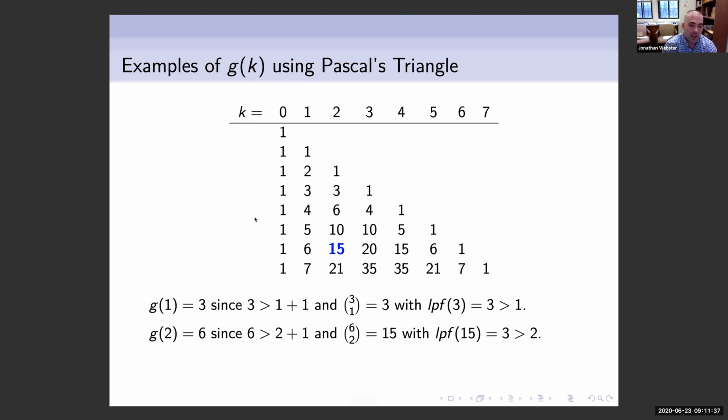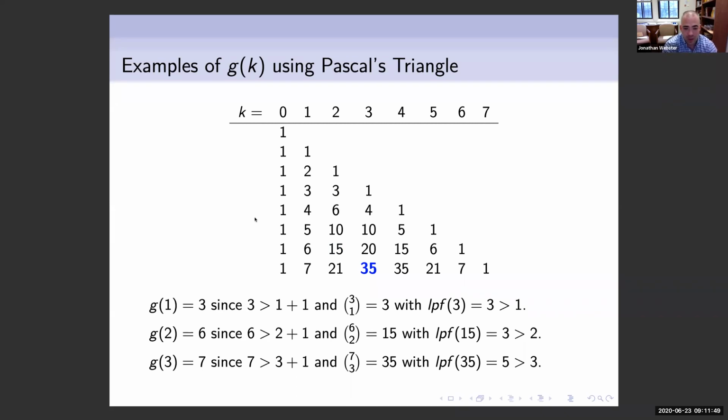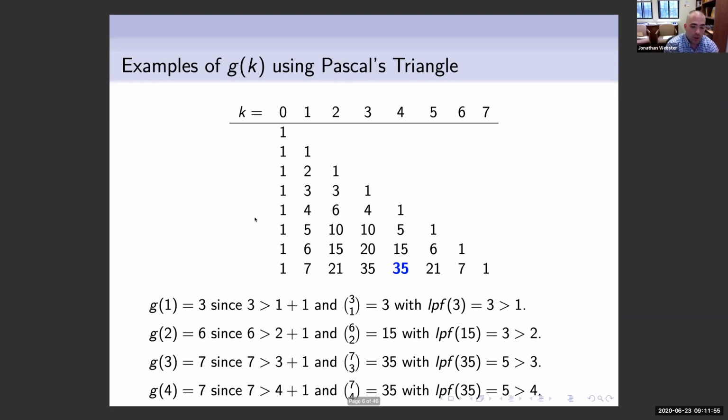G of 2 is 6, since 6 choose 2 is 15, and 15's least prime factor is greater than 2. G of 3 is 7, since 7 choose 3 is 35, the least prime factor of 35 is 5, which is greater than 3. And similarly with g of 4, it is also 7, since 35's least prime factor is greater than 4.